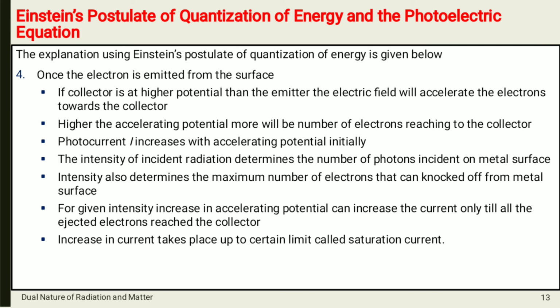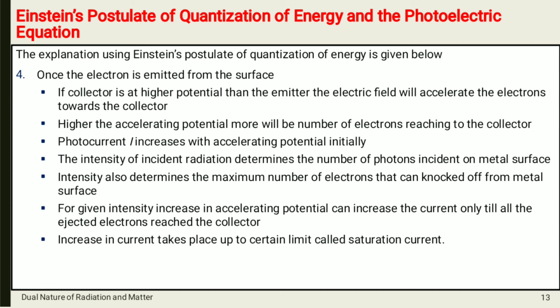Once the electron is emitted from the metal surface, then what will happen? If the collector is at higher potential than the emitter, the electric field will accelerate the electrons towards the collector. As we have seen before also, the emitter is what? Cathode, and the collector is what?